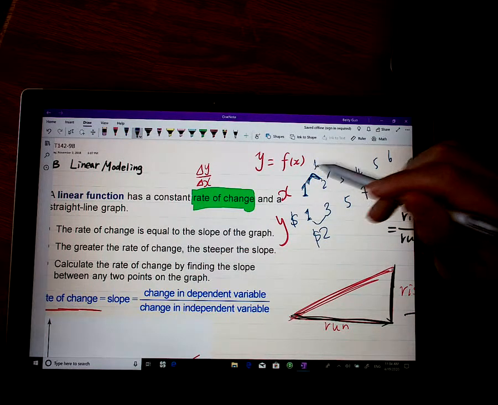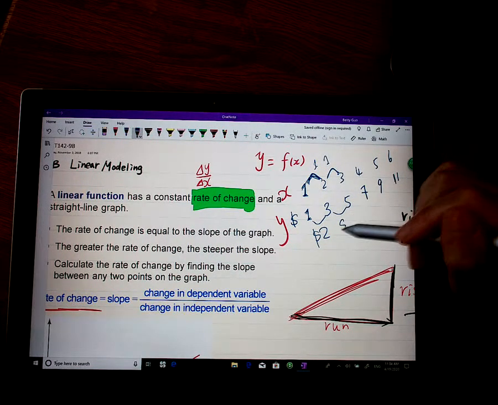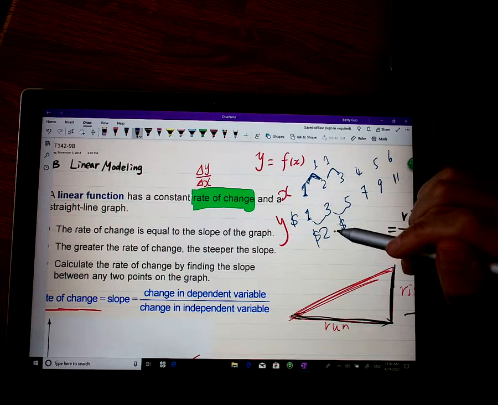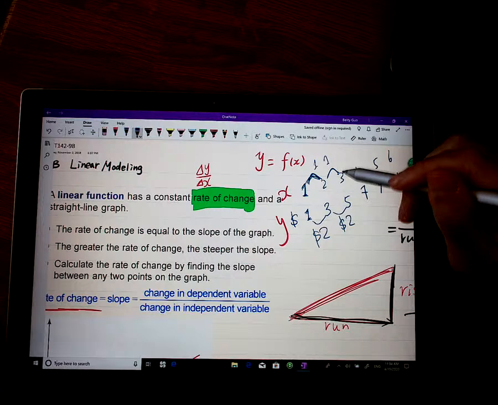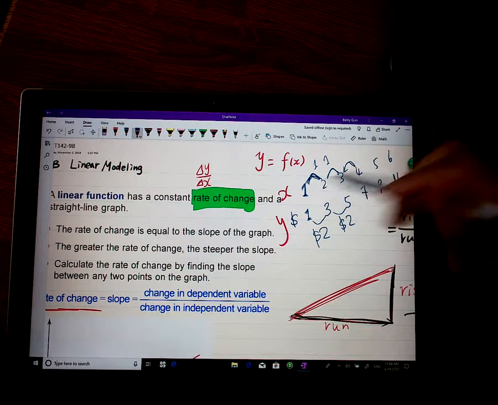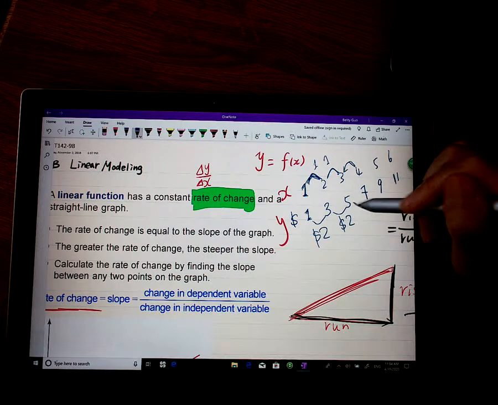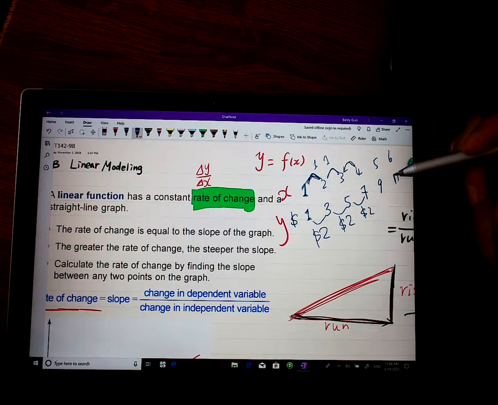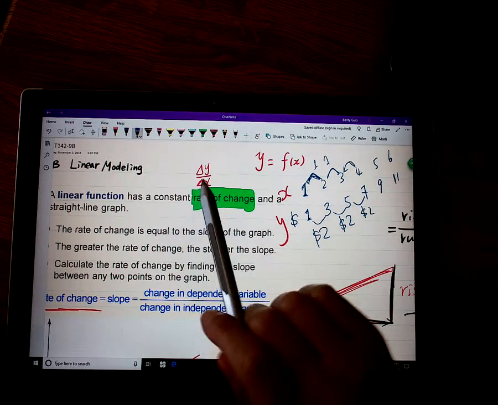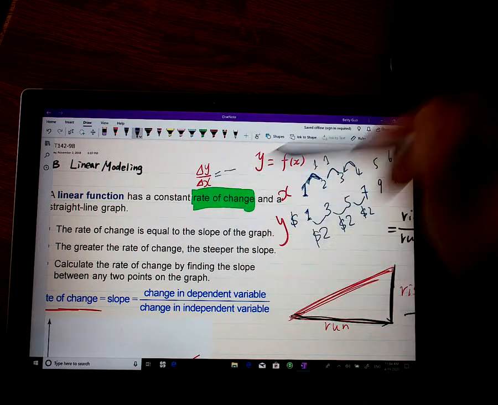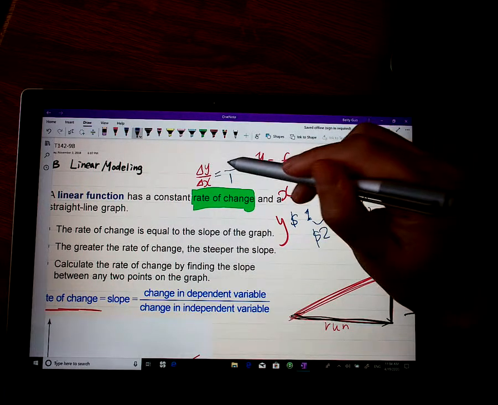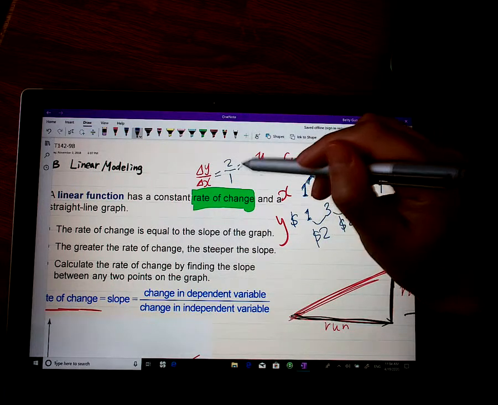For a 1 unit increment in the independent variable, the increment in the dependent variable is $2. So if the change in x is 1 day, then the corresponding change in y is $2. It is a constant.